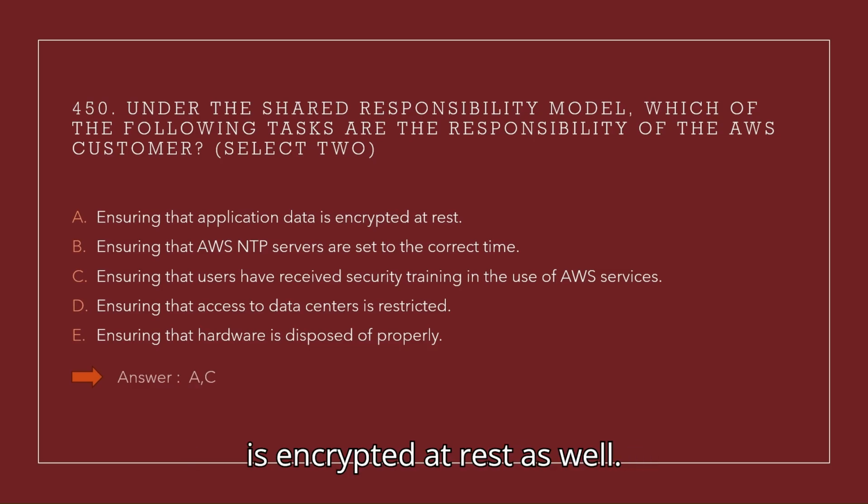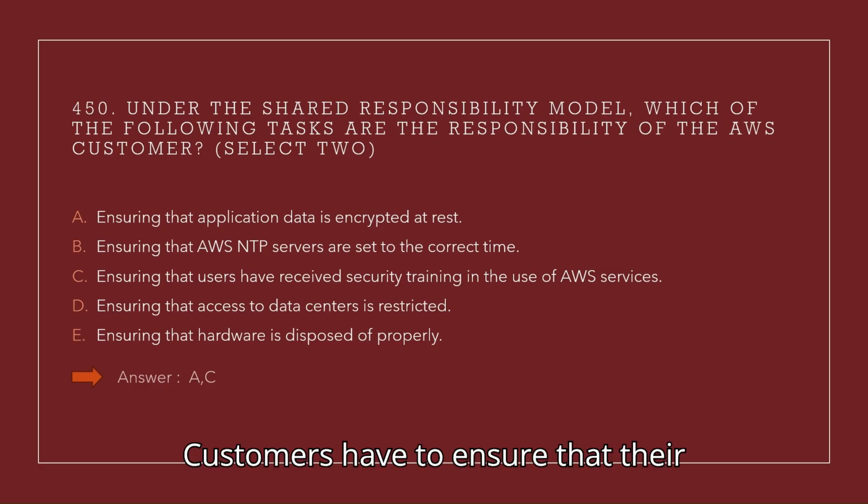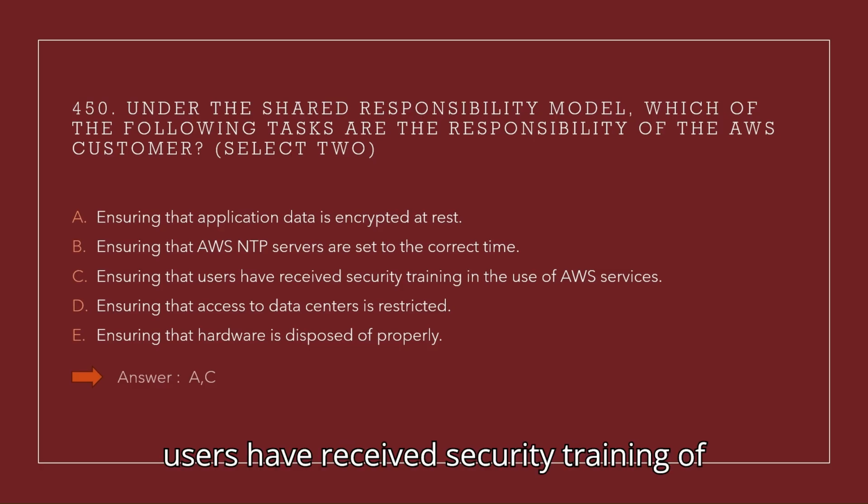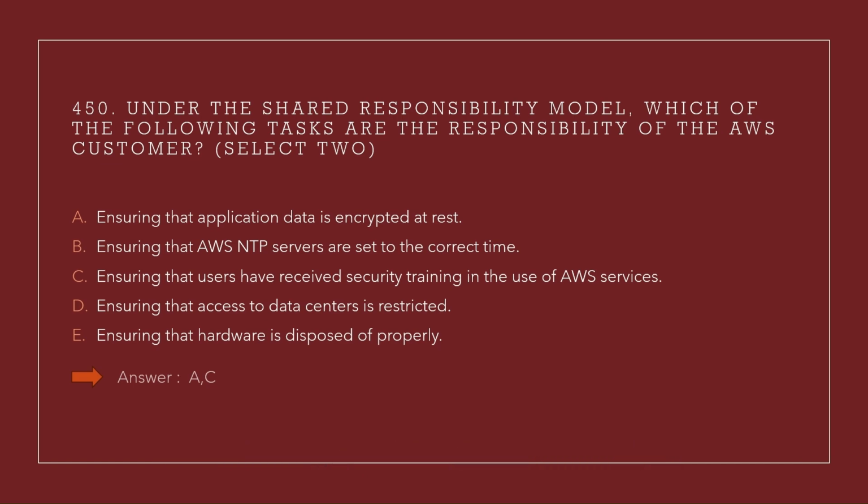So, two correct options are A. Customers have to ensure that application data is encrypted at rest, as well as ensure that the users have received security training in the use of AWS services.